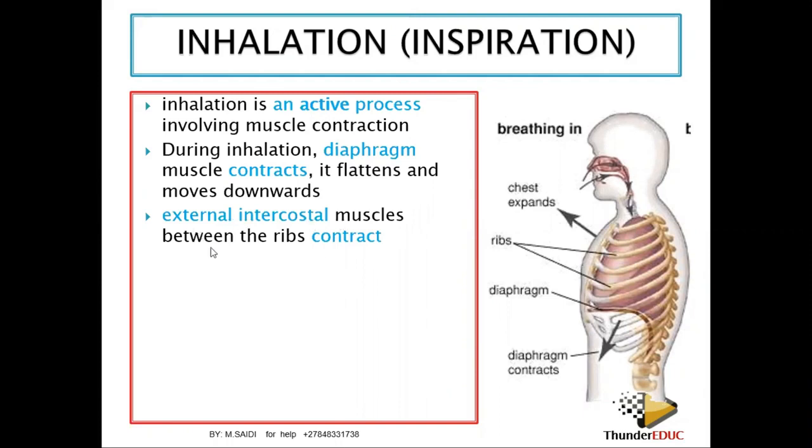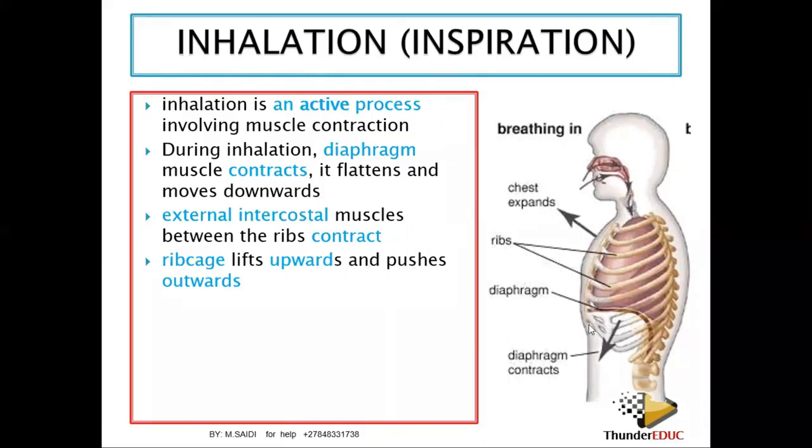Then the intercostal muscles between the ribs contract, and the rib cage lifts upwards and outwards, so that the space inside the thorax is increased and the volume is increased. The increase in volume will reduce the pressure inside.